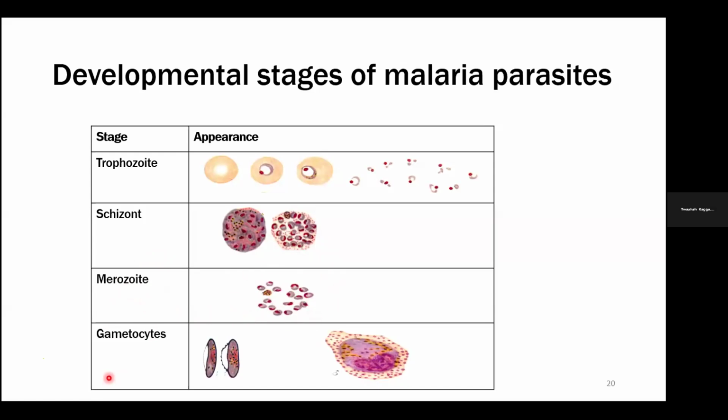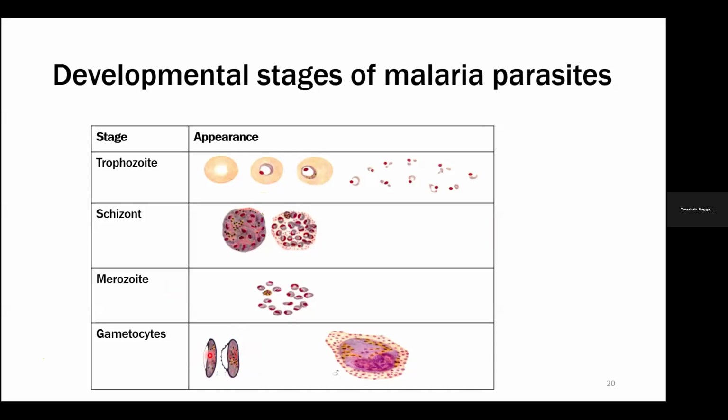Then lastly, the last developmental stage found in blood are the gametocytes. One species of malaria called Plasmodium falciparum has banana-shaped gametocytes, which look like this, but they also have the golden yellow malaria pigments, also this ring of leftover of the red blood cell.